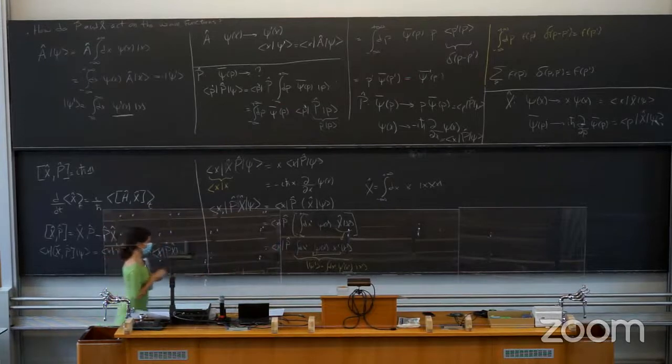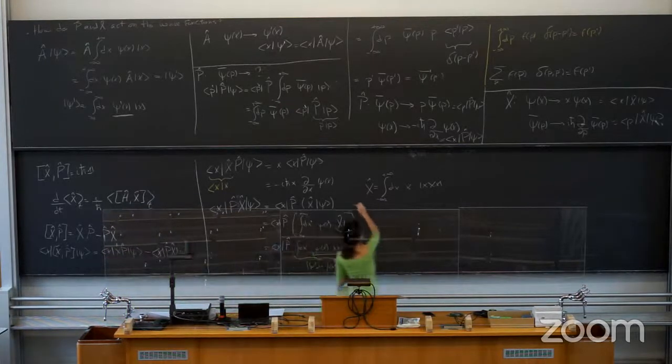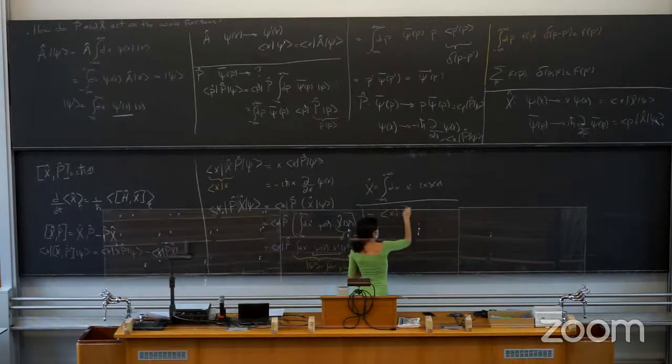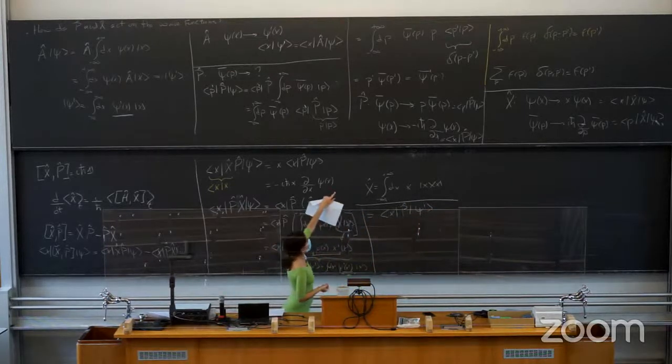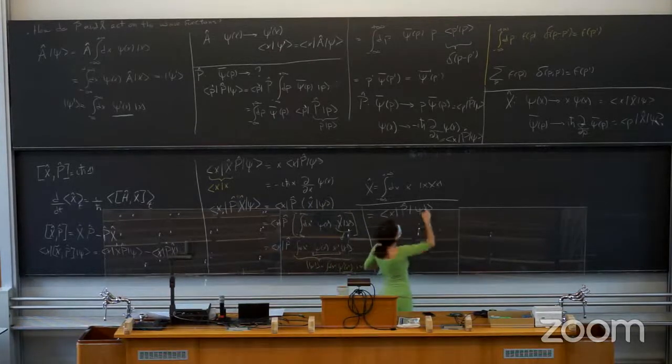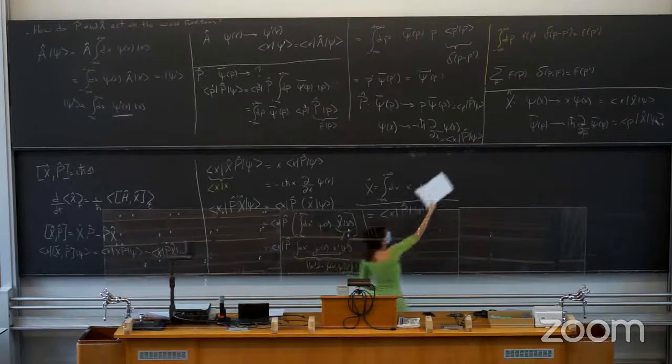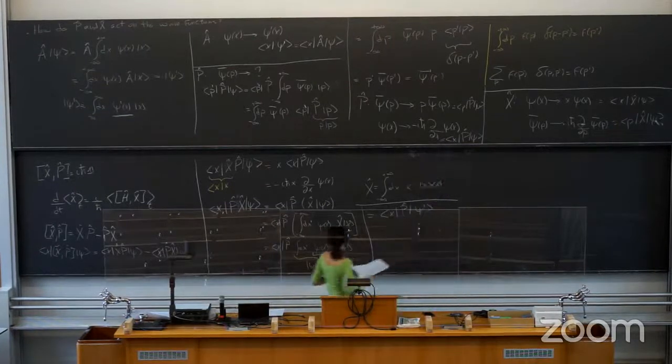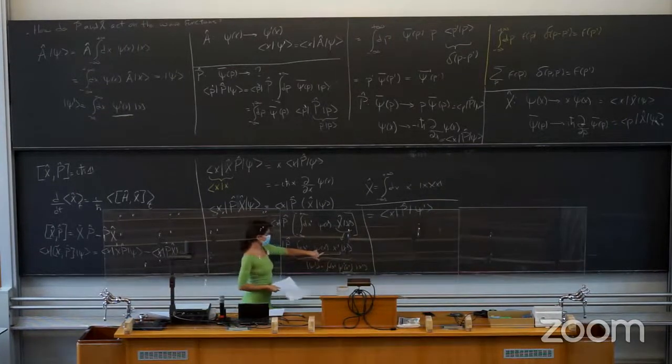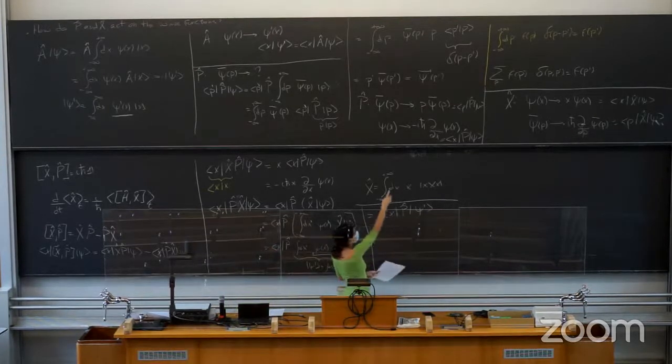So then all we need, continuing this, so this is X P psi prime. And that is this thing here, right? That's exactly this expression, except now our wave function is the previous wave function times X. So I'll just plug in that result here.